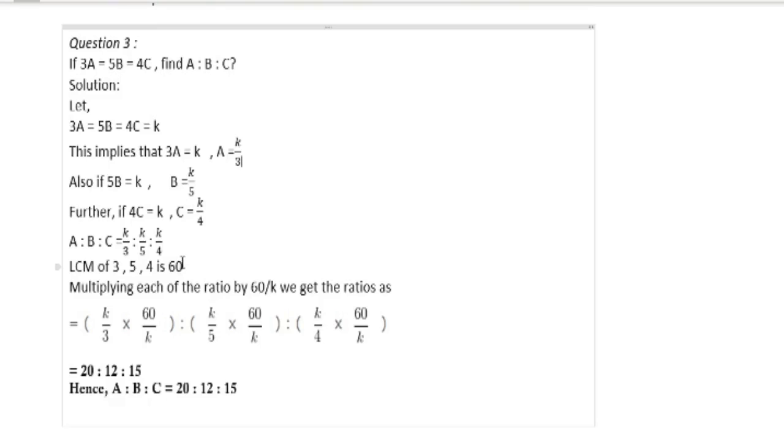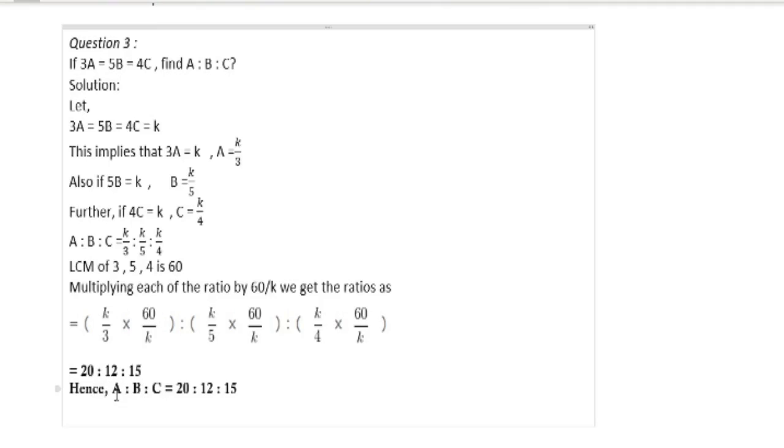LCM is 60. Then multiplying each term of the ratio by 60 by k, we get the ratio as k by 3 into 60 by k is to k by 5 into 60 by k is to k by 4 into 60 by k. k and k cancel, and simplify it: 20 is to 12 is to 15.